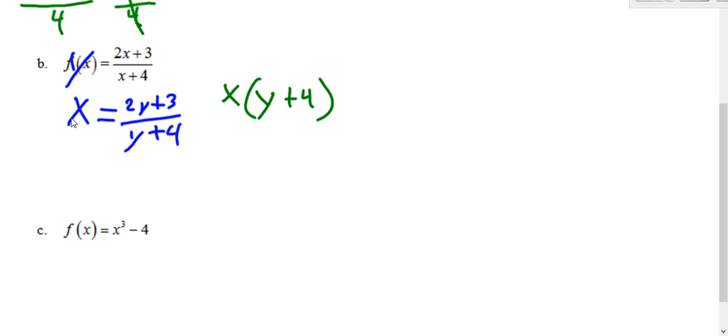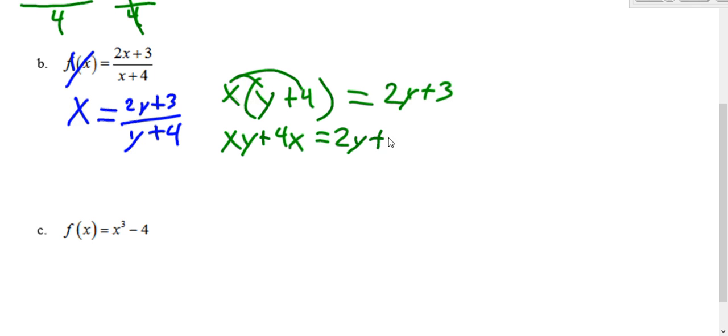So multiply the y plus 4 up there to the x. Distribute the x. And we're trying to solve for y, so get your y's together. So we'll move the 4x over.